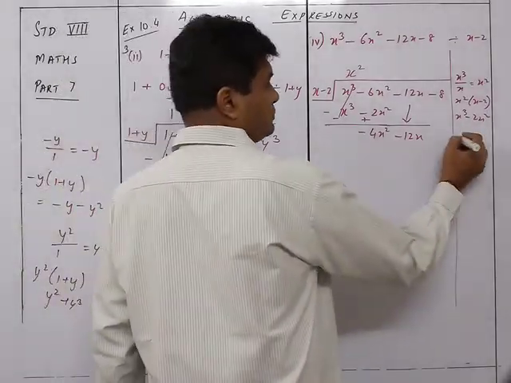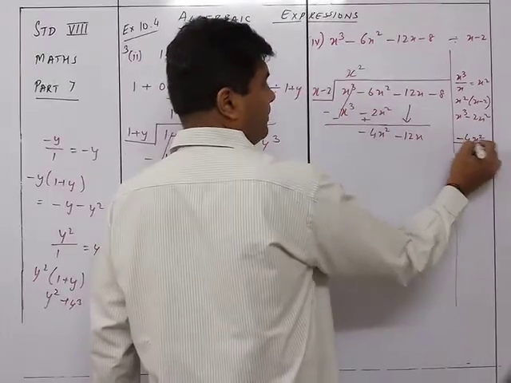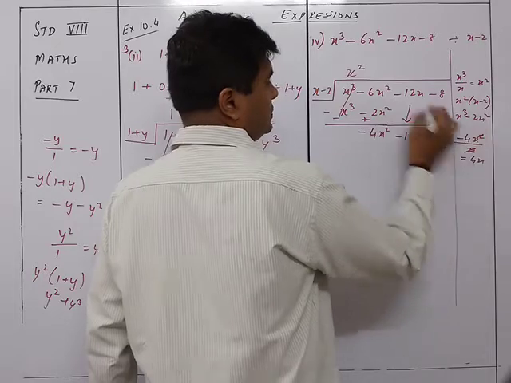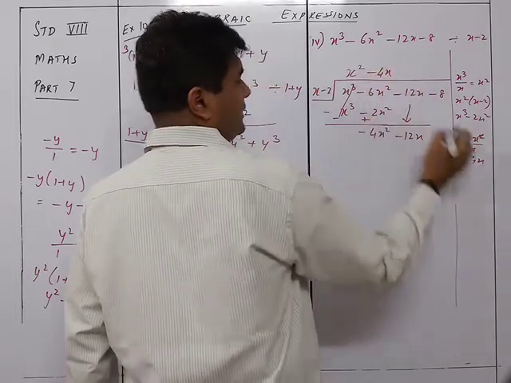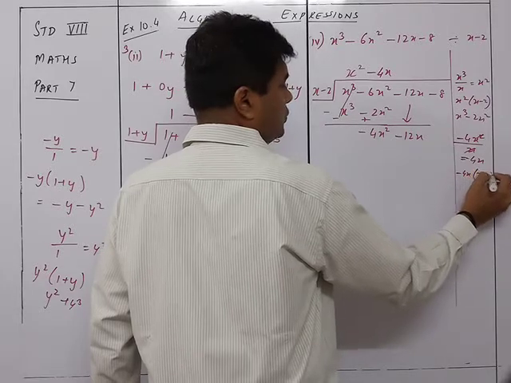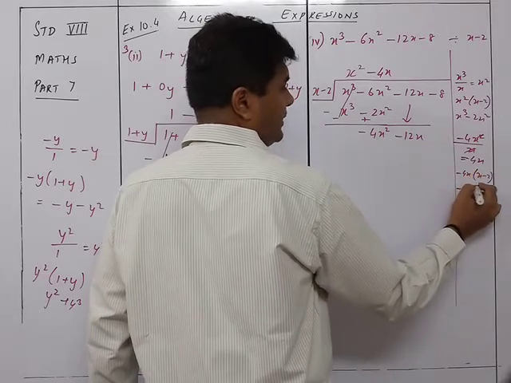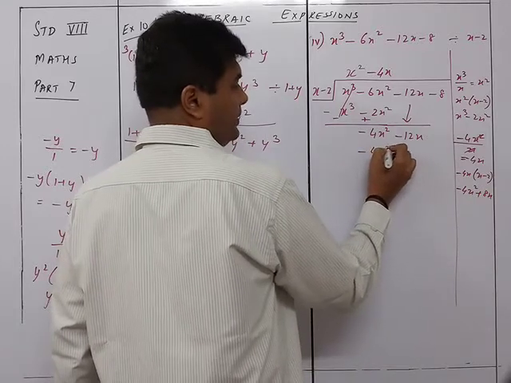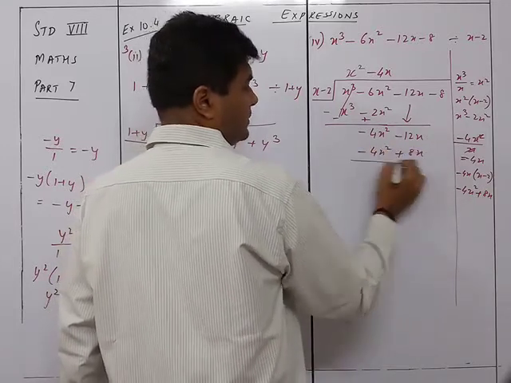So the next part is minus 4x square upon x. The answer to this is minus 4x. So put minus 4x here. Now minus 4x into x minus 2 will be minus 4x square plus 8x. So place over here minus 4x square plus 8x.